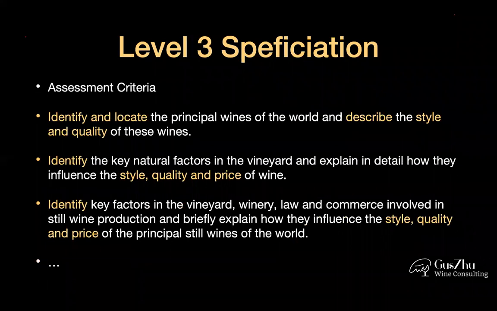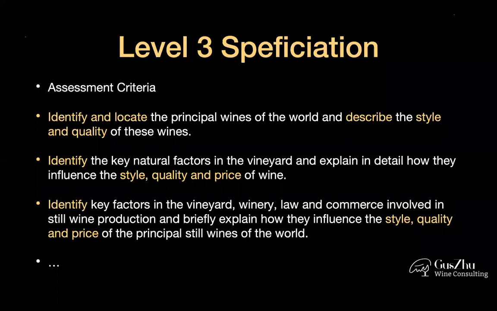So if you actually look at the Level 3 specification, and if you compare the Level 3 assessment criteria with Diploma, they are strikingly similar. In Level 3, you need to identify and locate the principal wines of the world and describe the style and quality of the wines.